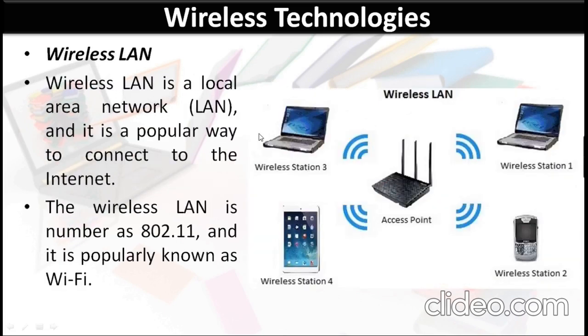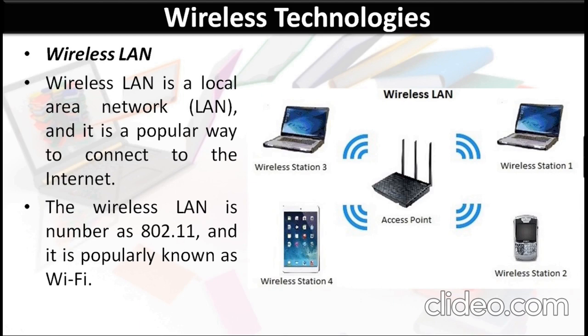There is also the wireless LAN in wireless technology, so I can get connected with other devices, right? That is called WLAN, or wireless local area network. It is a popular way to connect to the internet. If you have a router, you can access other devices at your home, like Alexa.